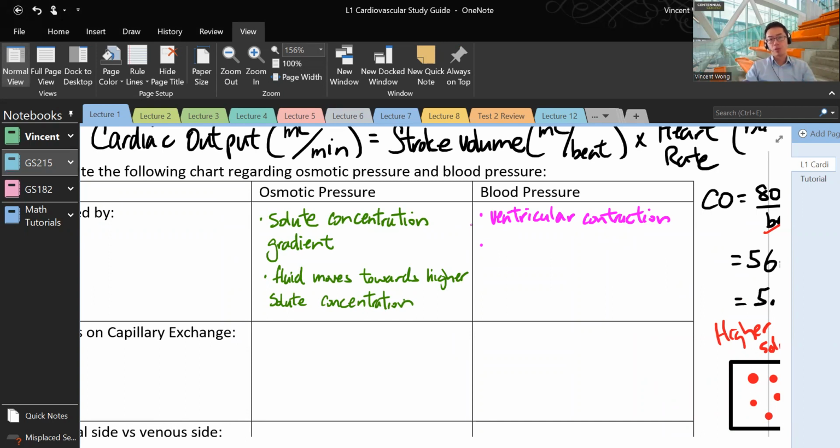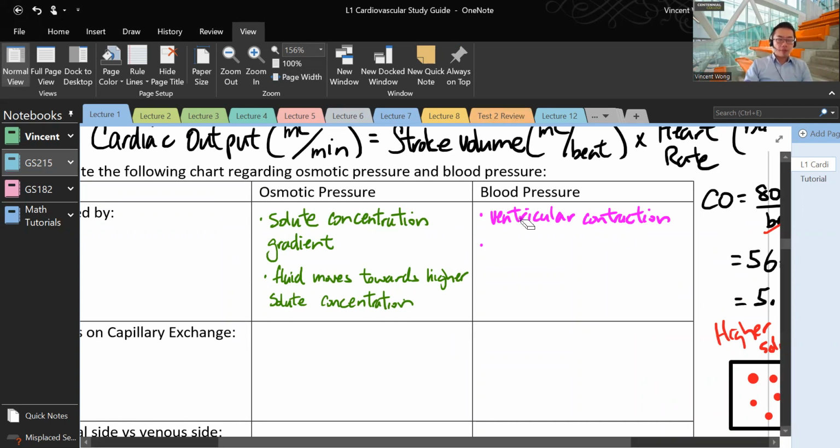That in turn causes the blood to push onto the vessel wall, creating blood pressure. So that's the force of blood pushing against the vessel wall.